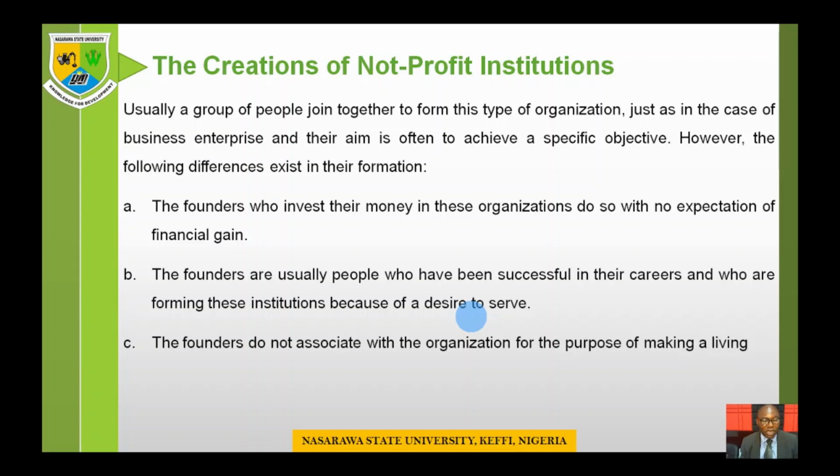C. The founders do not associate with the organization for the purpose of making a living, meaning they do not depend on this organization to earn a living. They don't earn salary, commission, or allowance. Rather, they take money from their other sources to fund the organization so it can achieve the objective for which it is set up.